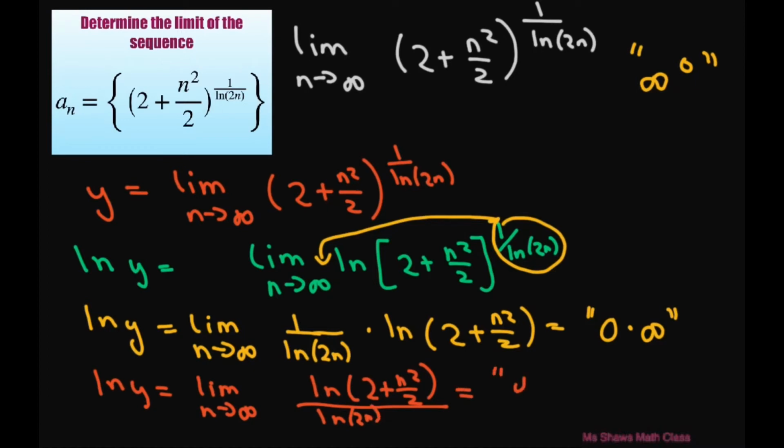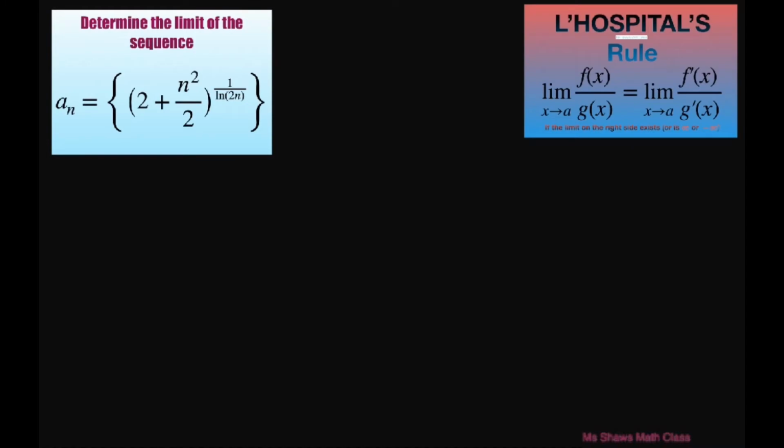Now we have the form infinity divided by infinity. So we're going to use L'Hopital's rule, and differentiate our numerator and our denominator.